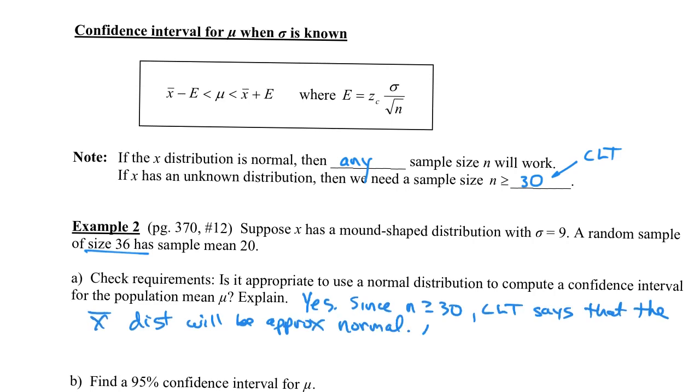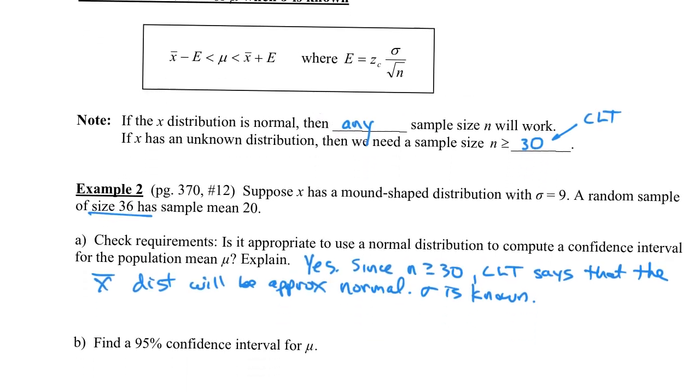And also sigma is known. So we'll find out in the next section that if sigma isn't known, then we have to do something else. But really all we need to worry about right now is we've got a sample size of 36, so we are okay. So then it says find a 95% confidence interval for mu.